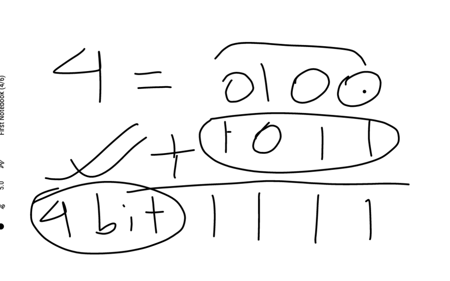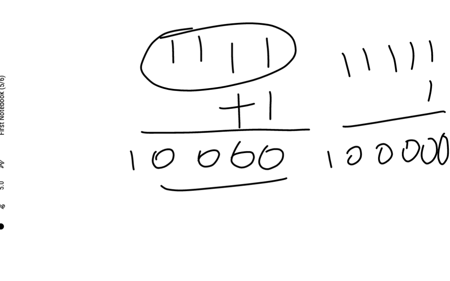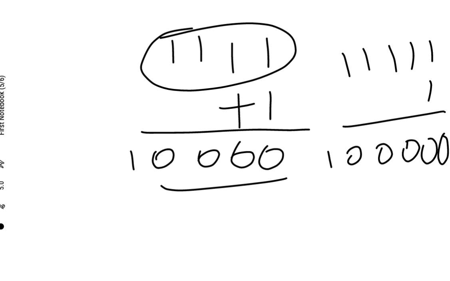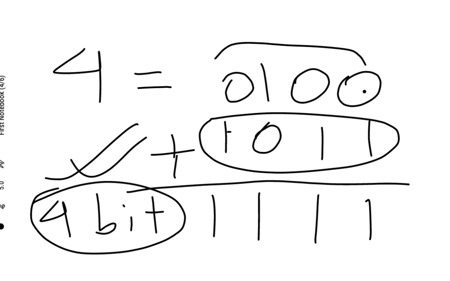Let's do this. The original number had 4 bits, including a sign bit, and we have 4 zeros here. What if we just say that we're gonna stop counting once we reach the number of bits that the original number had? Starting from the LSB, if we count 1, 2, 3, 4 bits, that's as many bits as the original number had.